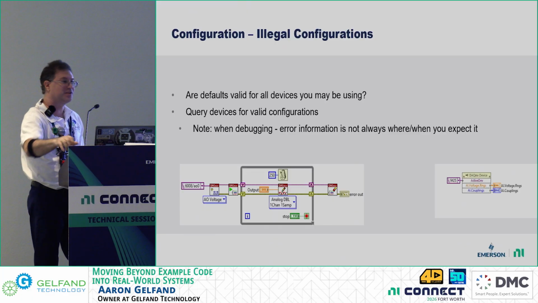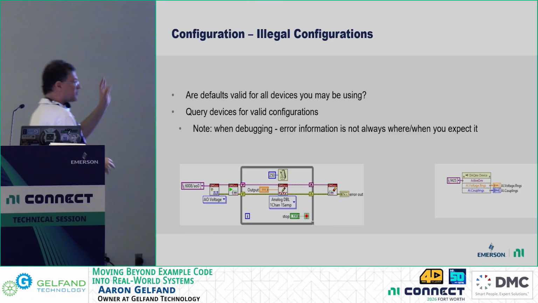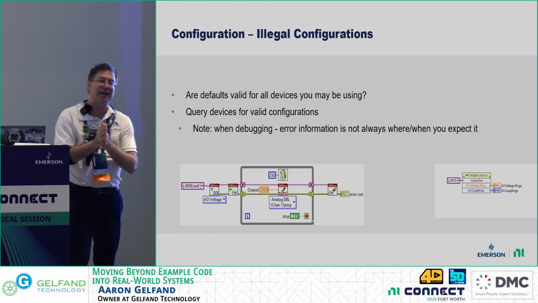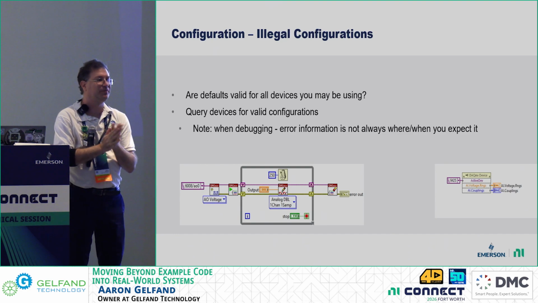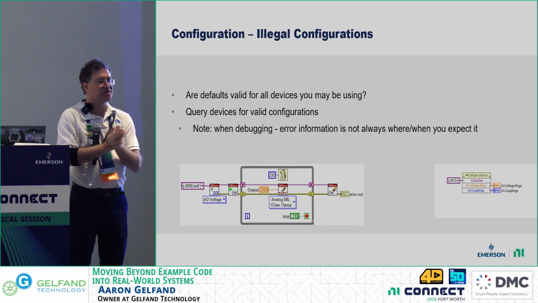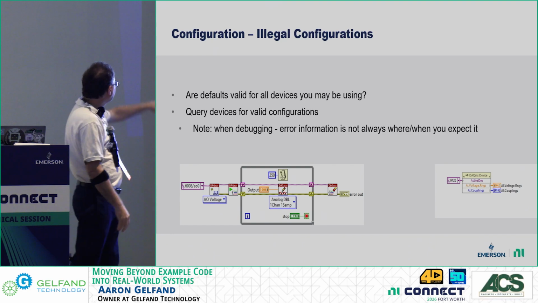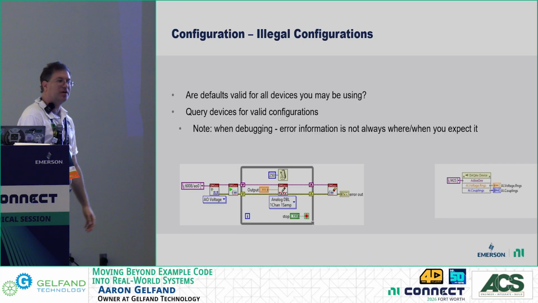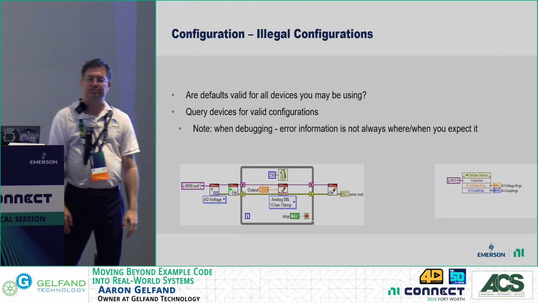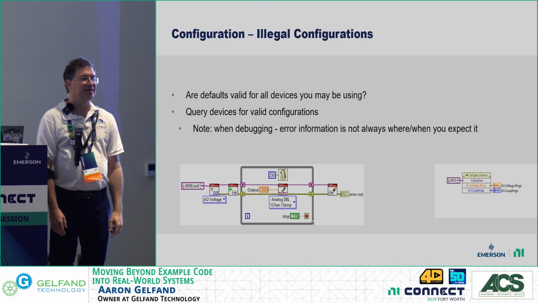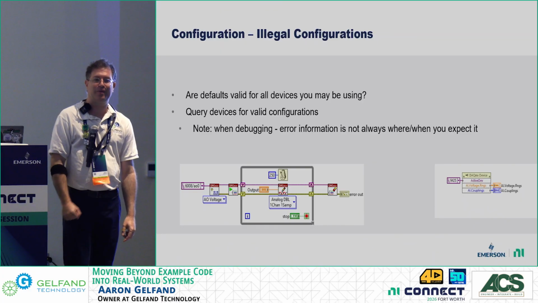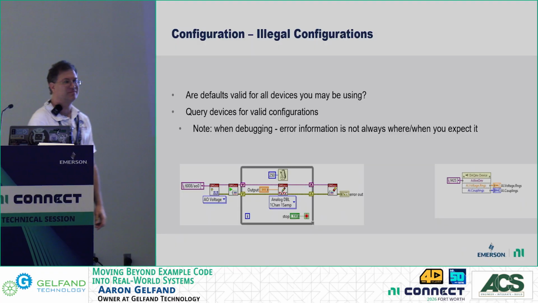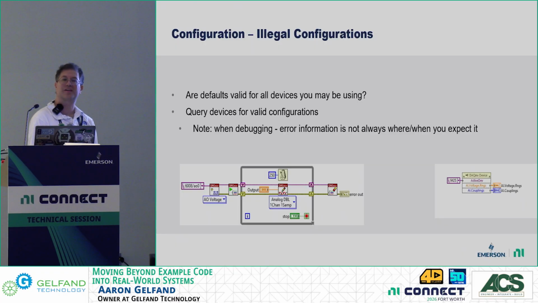It has 8 analog inputs, 2 analog outputs, and a number of digital I/O and some counter timers. This is the regular NI example for AO voltage outputs. It's an example program. If you try and run it with your 6008, it doesn't work.